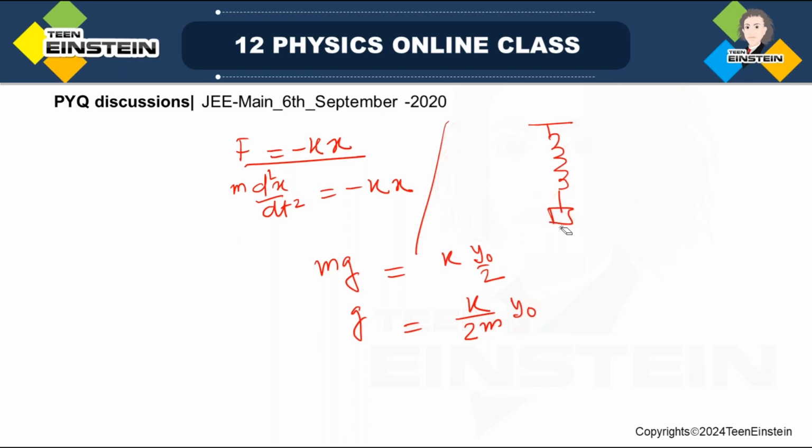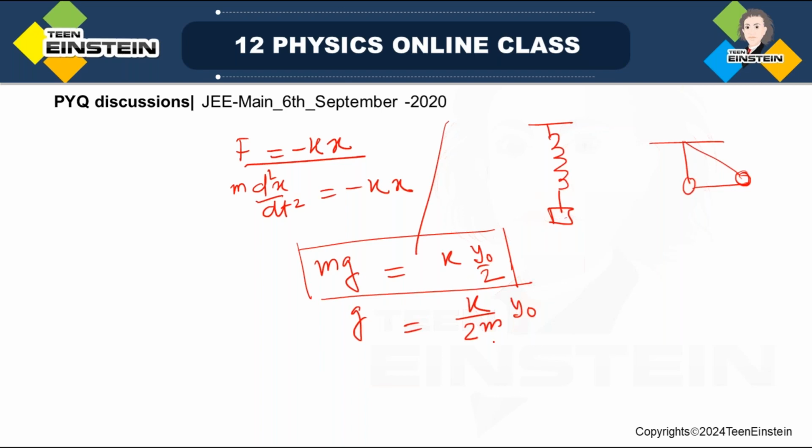If I just take this simple pendulum, at the maximum displacement only you get the whole force or maximum force. So that is what we are doing here, equating the maximum force, mg, to this one.